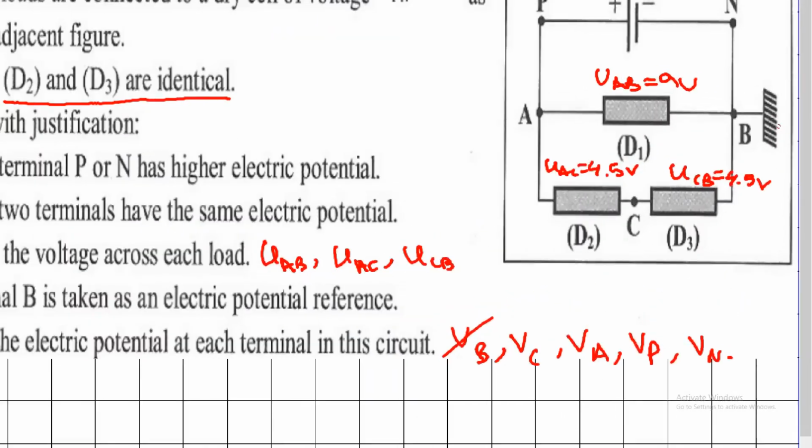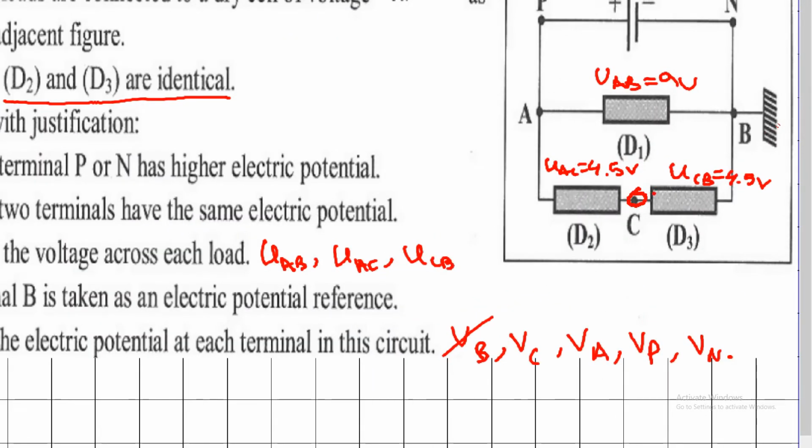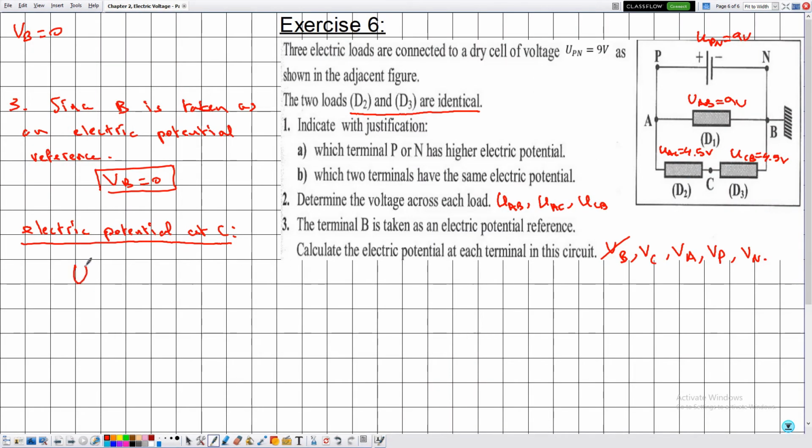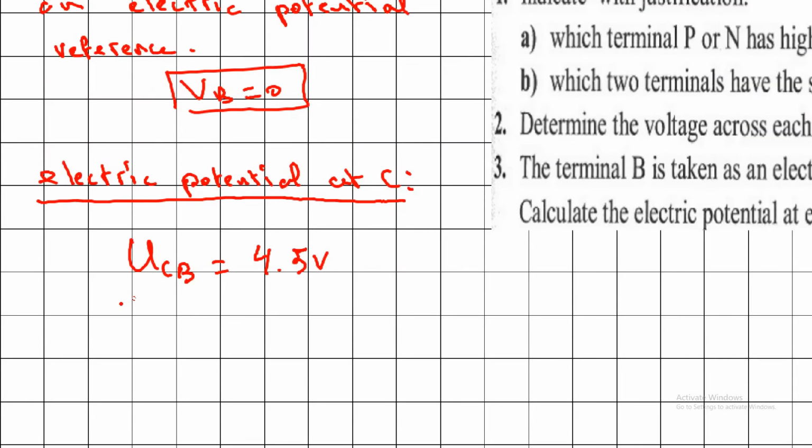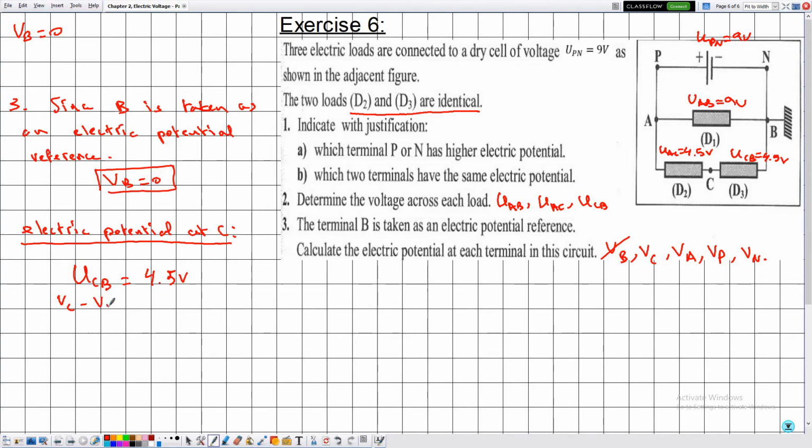Now in order to determine the electric potential at the point C, we need to know the voltage that relates this point to another point in which we know the electric potential. So consider UCB, which is given by 4.5 volts. We know that UCB is given by Vc minus Vb, and in this case it's given by 4.5.